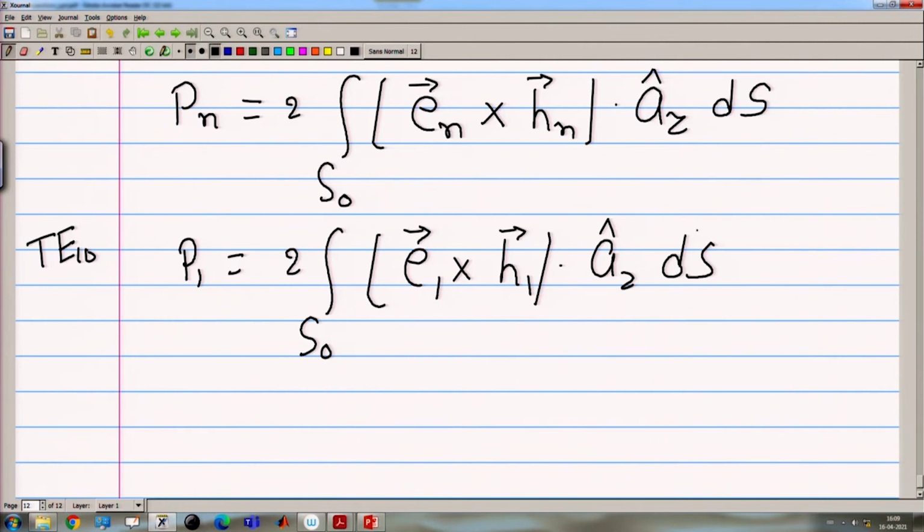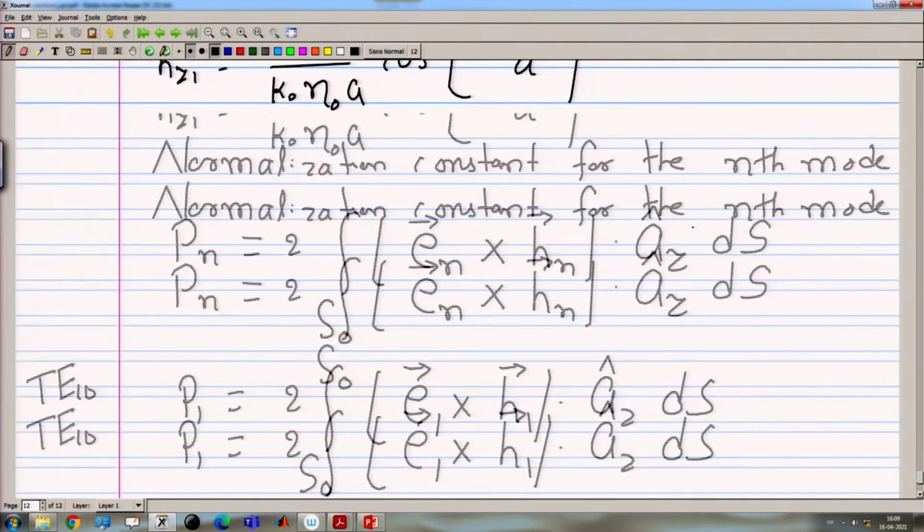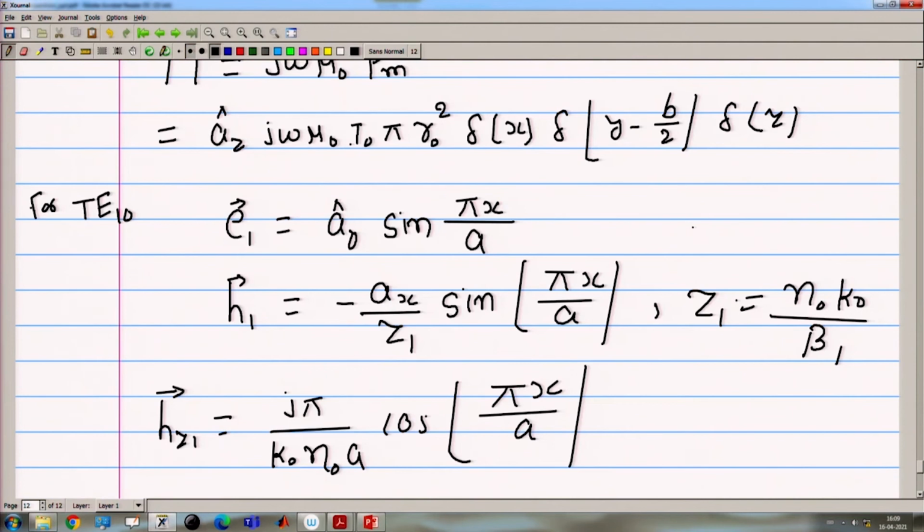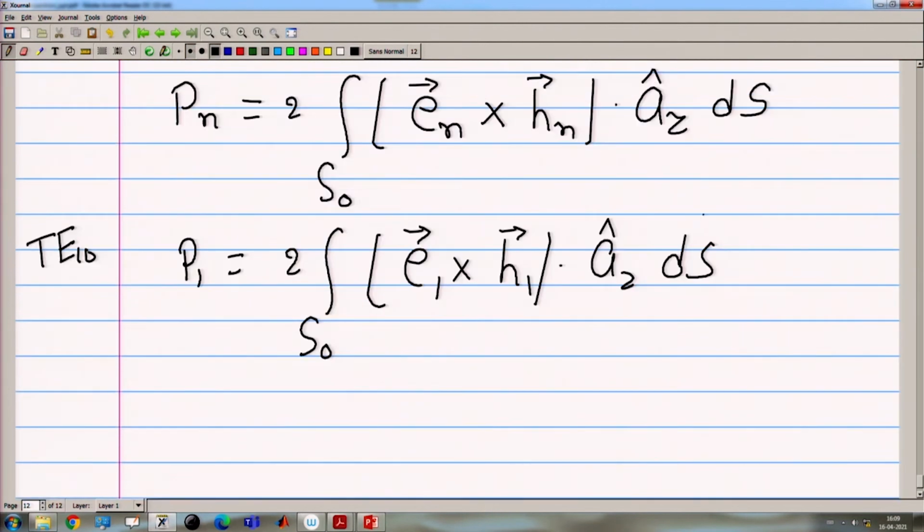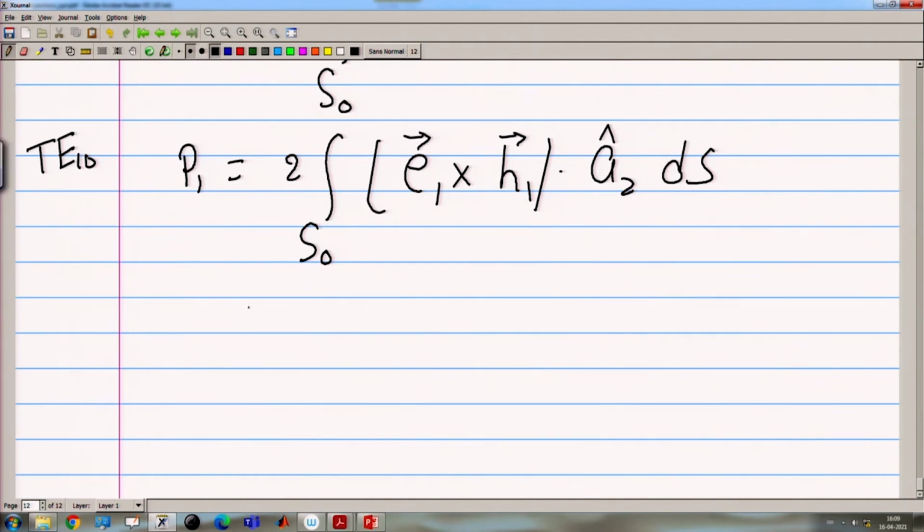So, this E1 is sin pi x by a and H1 is minus of ax upon Z1 sin pi x by a. So, from this we will get the same expression AB upon Z1. This will come the same because there is no magnetic source here.